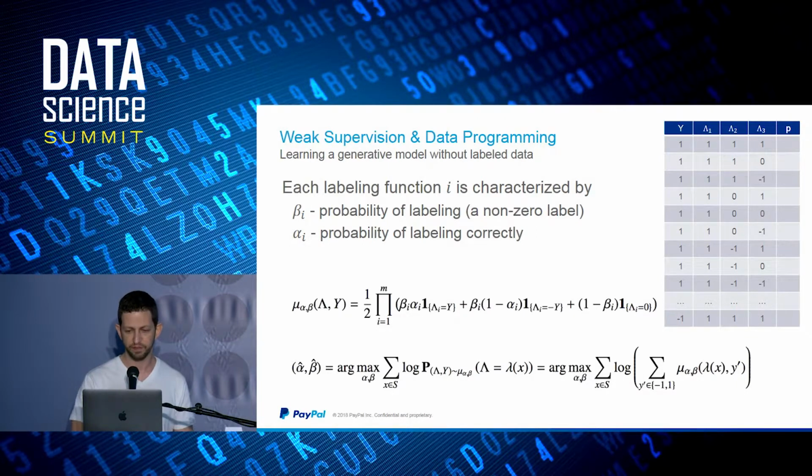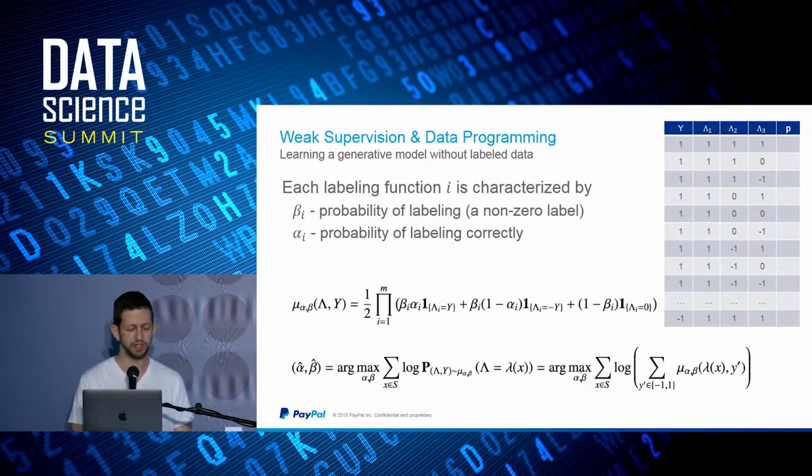So we can think of this big table as the joint distribution. If we put numerical values in the P column, then we're depicting the probability of every possible state of the world: the true label being y, and the first labeling function returning 1, and so on. So it's actually not that complicated to figure out this probability in terms of alphas and betas.